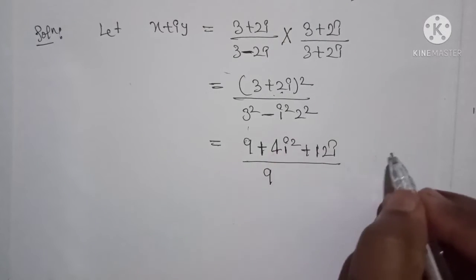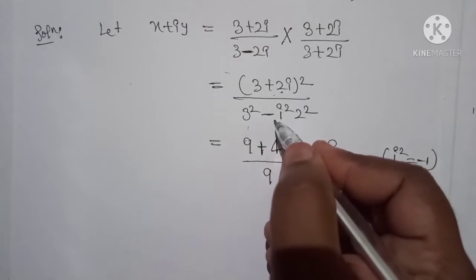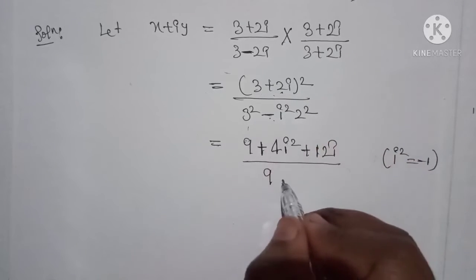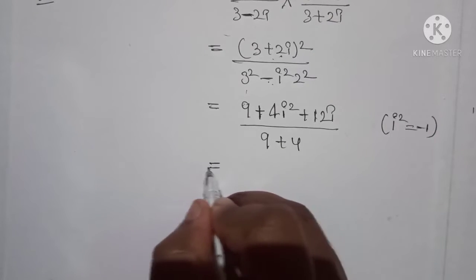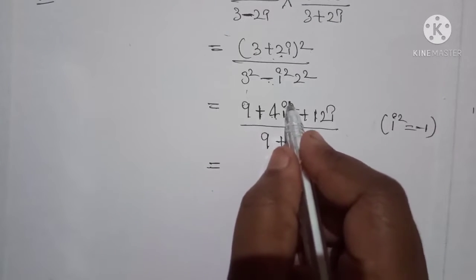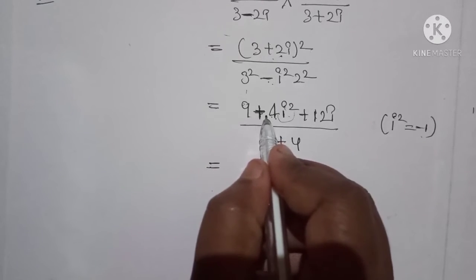The i square value, we know, is equal to minus 1. Substituting the i square value we get minus into minus, plus 4 times i square, which is again minus 1, so it becomes minus 4.